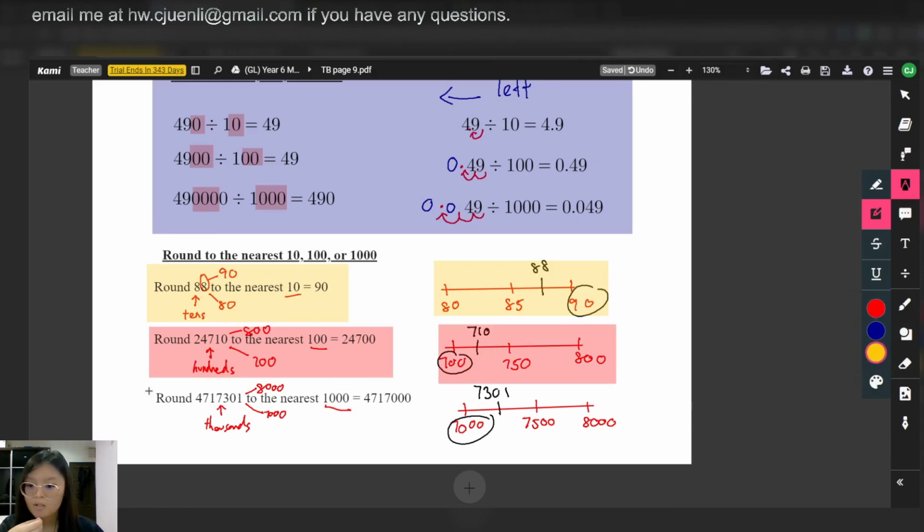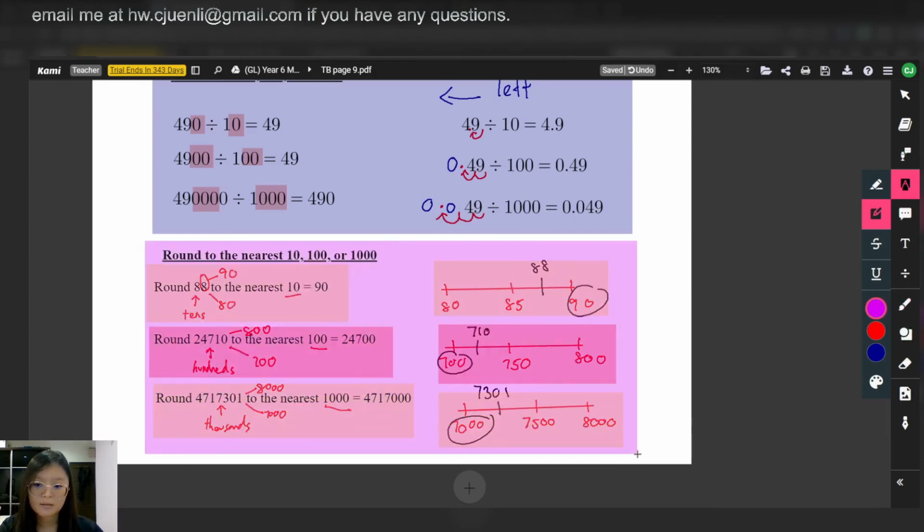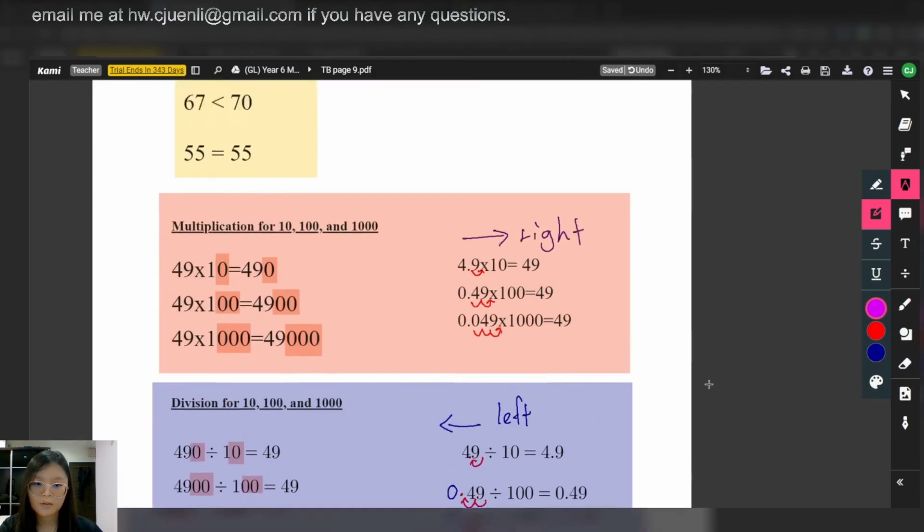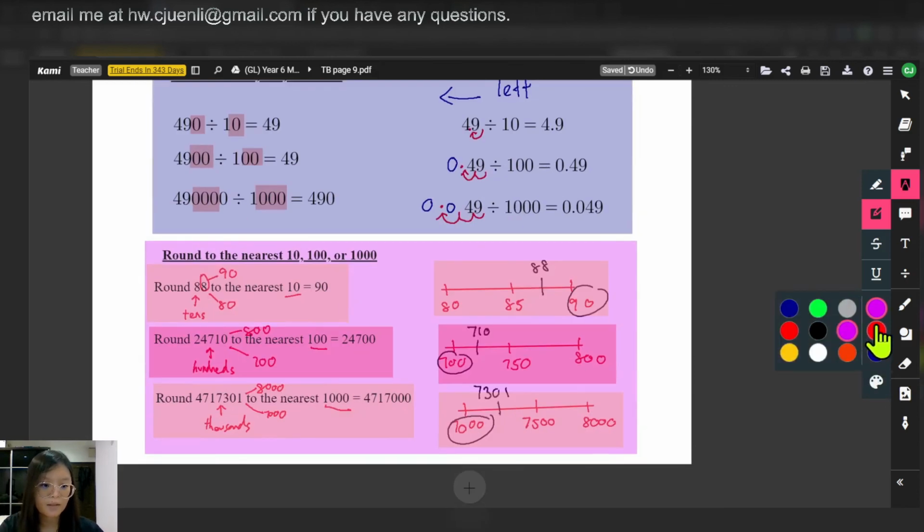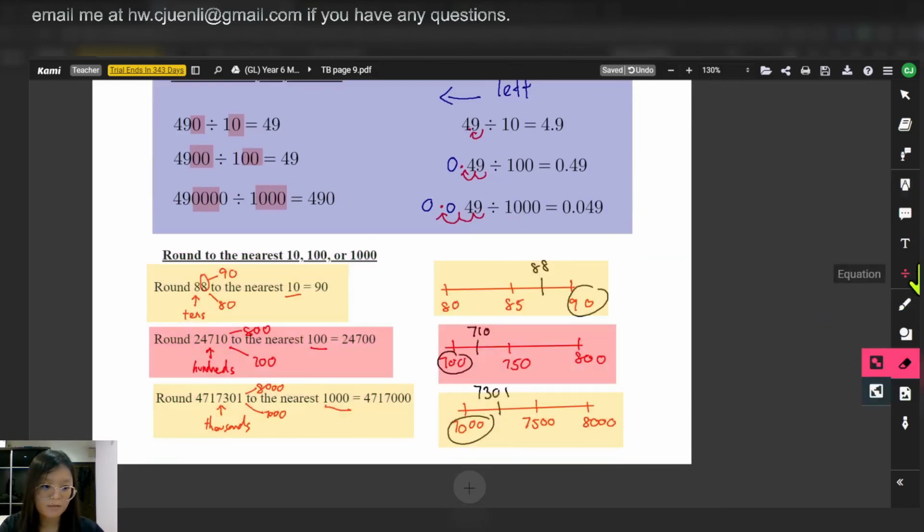All right, so let us see. I'll make it much clearer for you to write down your notes. All right, let me just put green.